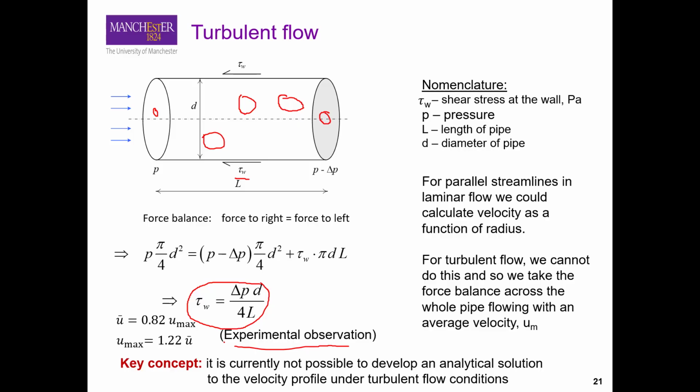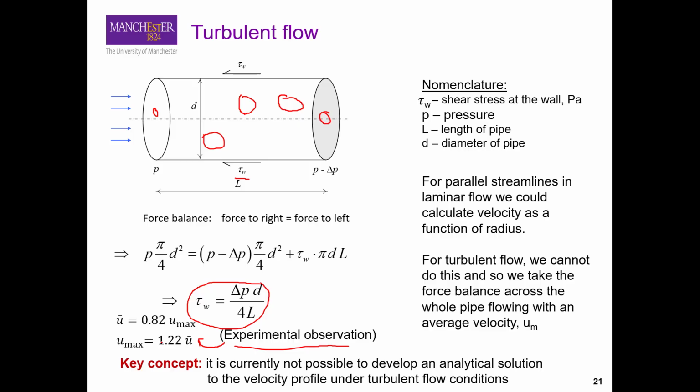And by doing some experiments, scientists came up with this relation here, that for the case of turbulent flow, the average velocity is actually 0.8 times the maximum velocity, or actually the maximum velocity is 1.2 times the average velocity. Okay, so this is completely experimental. It is not after an analytical solution.